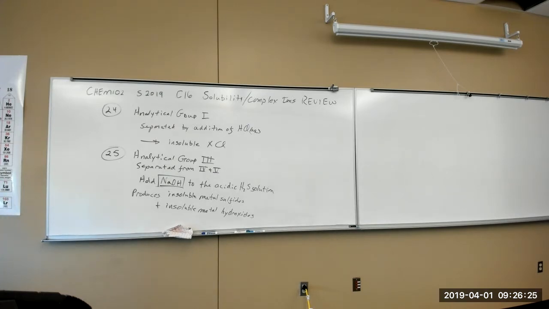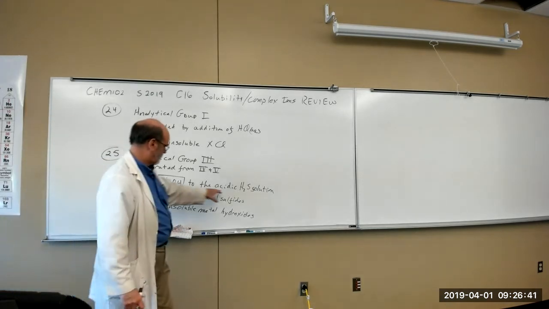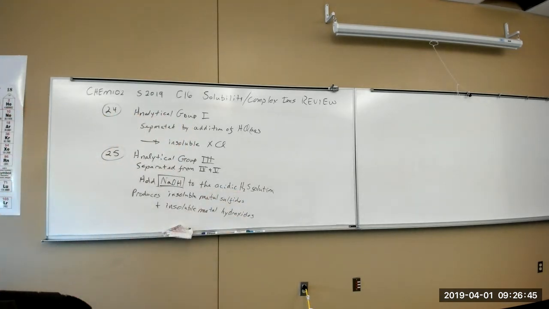Oh, wait. It should be adding sodium hydroxide to the acidic solution? Yes. Okay, so the answer is C then, but it should say by addition of sodium hydroxide in acidic solution, forming insoluble metal sulfides.